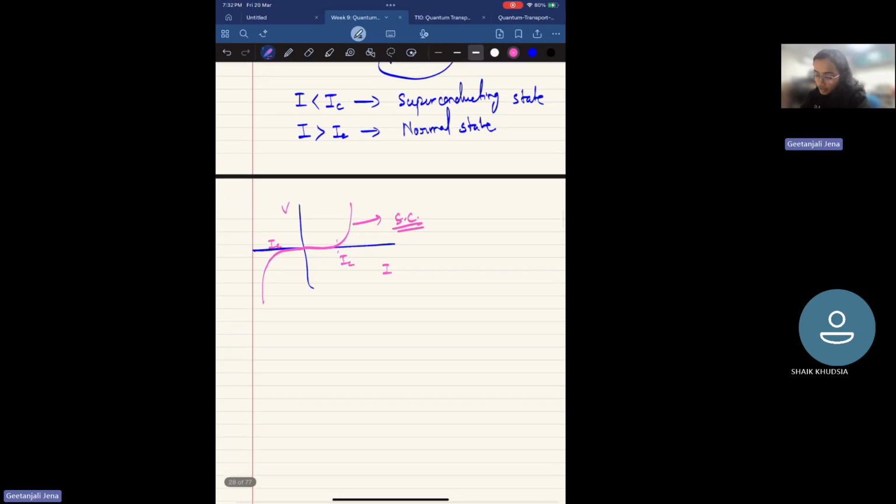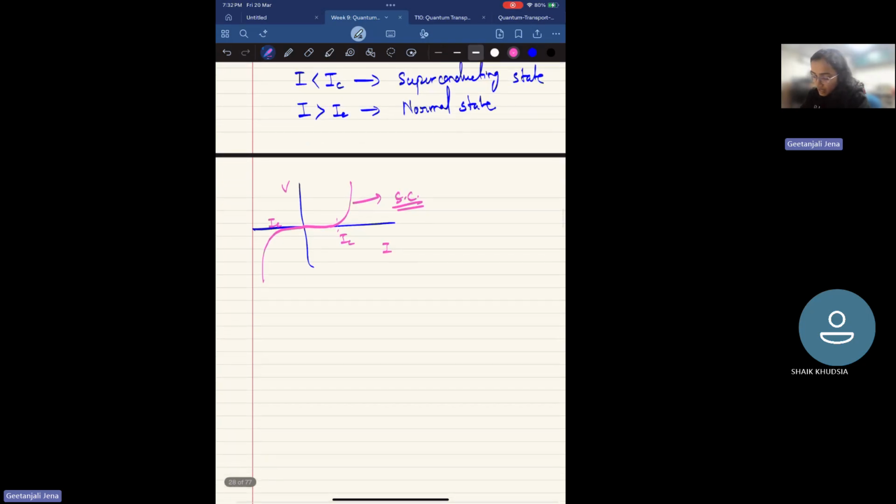The formula, if you recall, we have seen one formula of current. Ic for any temperature, let's say we are calculating for 2 K, or some temperature T, is related to 2 pi a Bc(T) by mu 0.